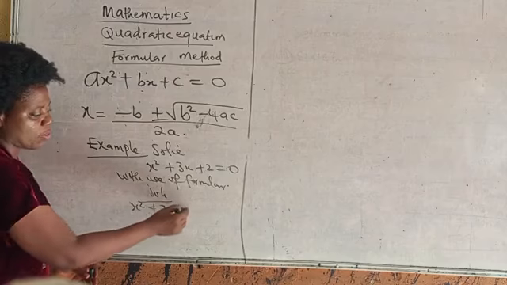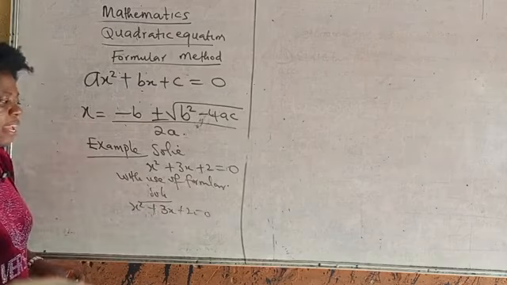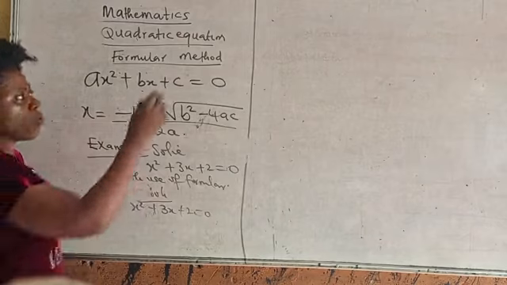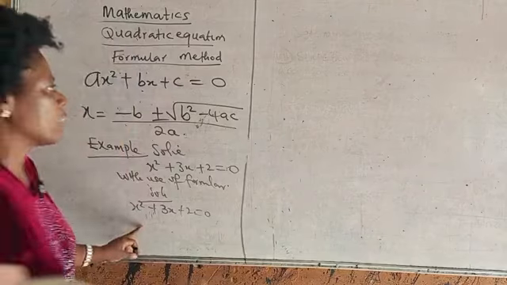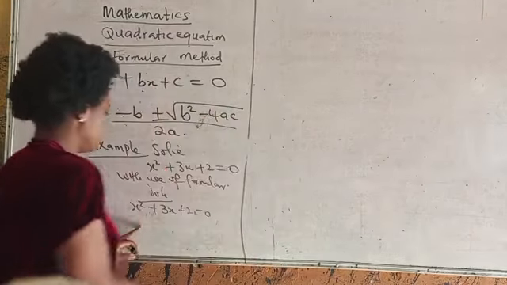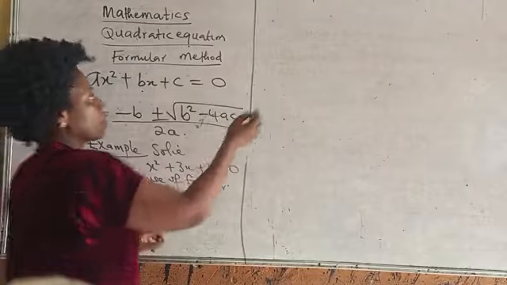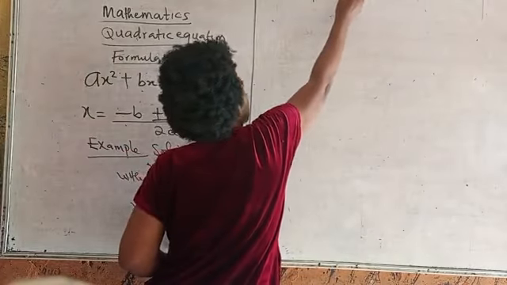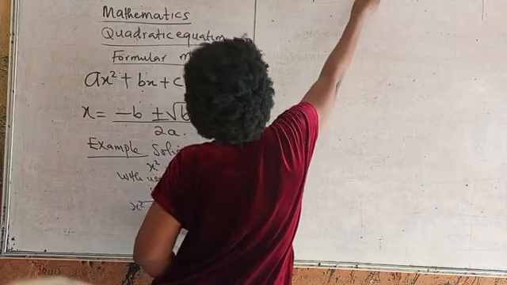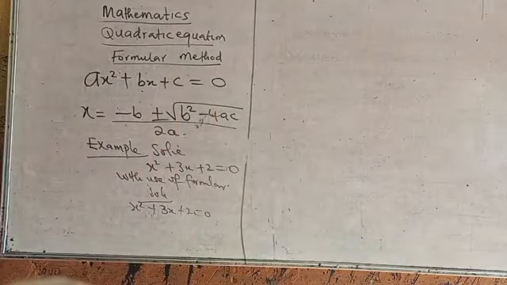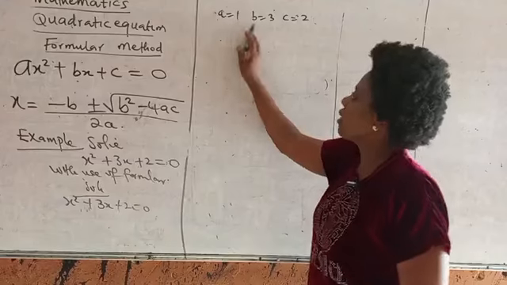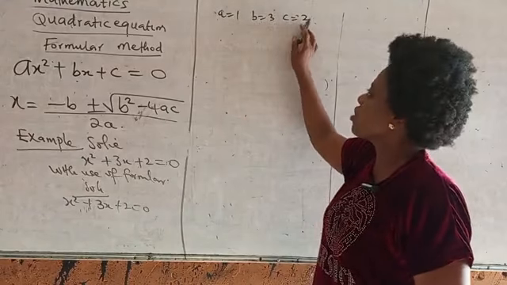So what is our a here? Our a is 1. What is our b? Our b is 3, and our c is 2. Our b is 3, our c is 2.